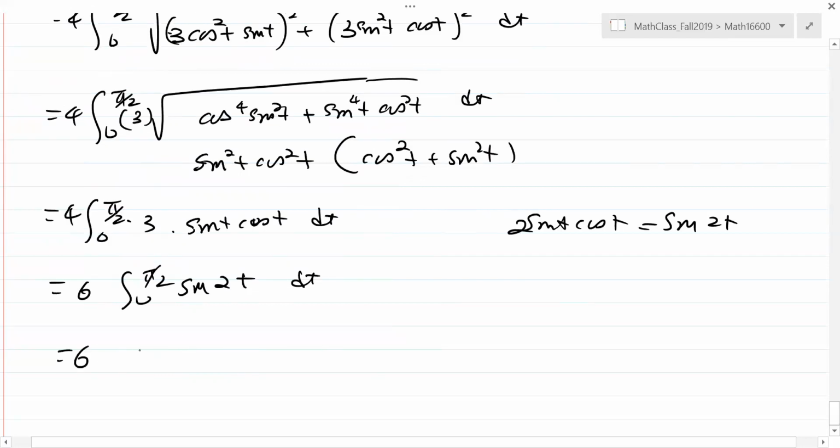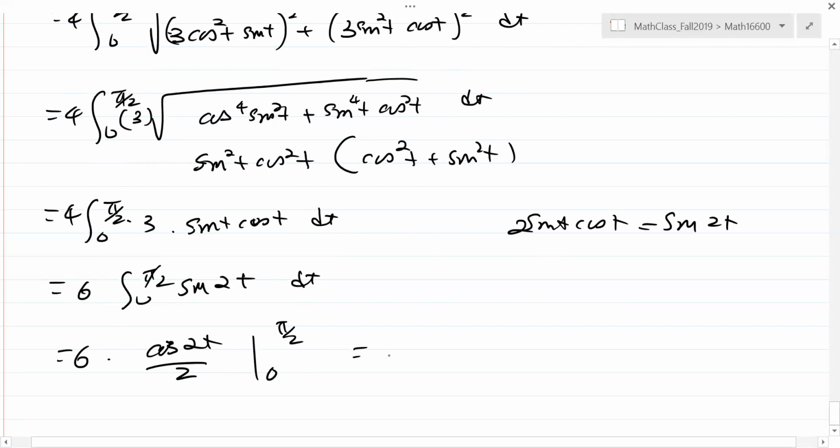The antiderivative of sine 2t is going to be negative cosine 2t divided by 2, from 0 to pi over 2. So the answer will be, wait a minute, is it going to be 3 or not?